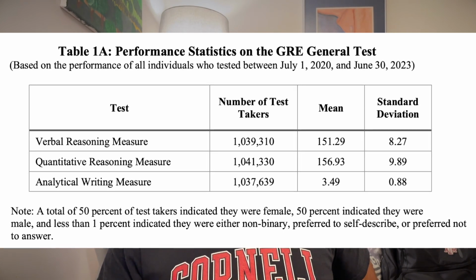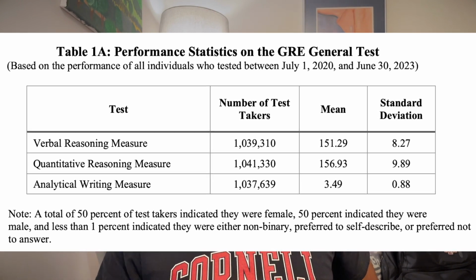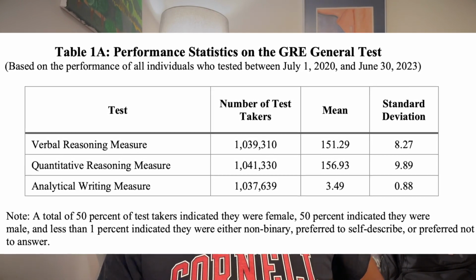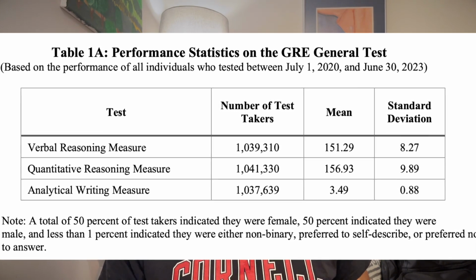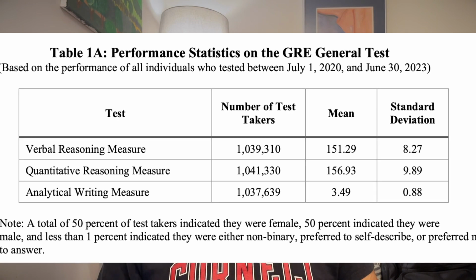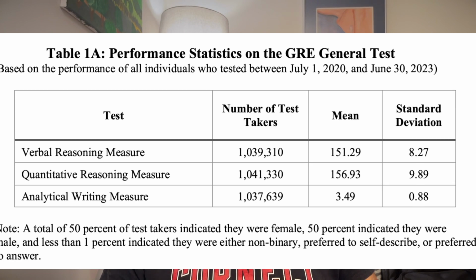You'll see that the total number of test takers is over 1 million, and we have the means here. The mean for verbal, so on average, people get 151 for their score on the verbal section. For quantitative, people on average get 156.